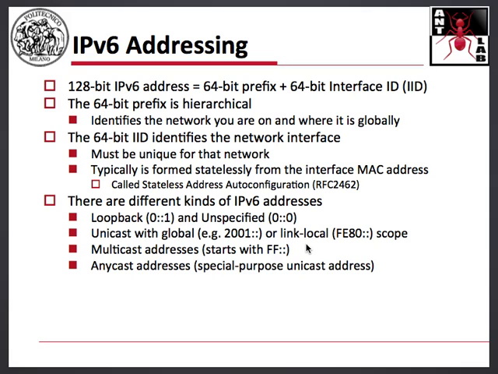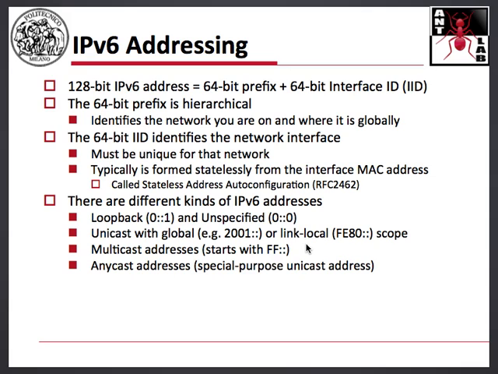The same happens in IPv6, which defines the so-called prefix, whose standard length is 64 bits, and the interface ID, again with a default size of 64 bits. Just like in IPv4, the prefix identifies the specific network you're in. The 64 bits of the IID, the interface ID, identify a specific node in that network.